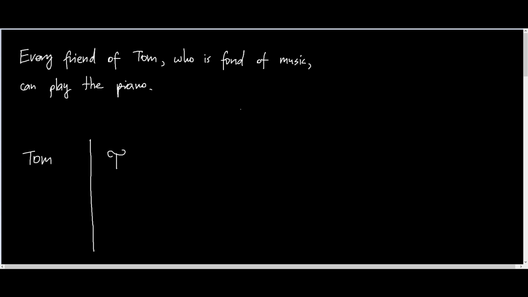And as such, the human beings are the objects in this language. And since Tom is one of them, we're introducing a symbol for it. This symbol is called a term, because a term is what produces objects.